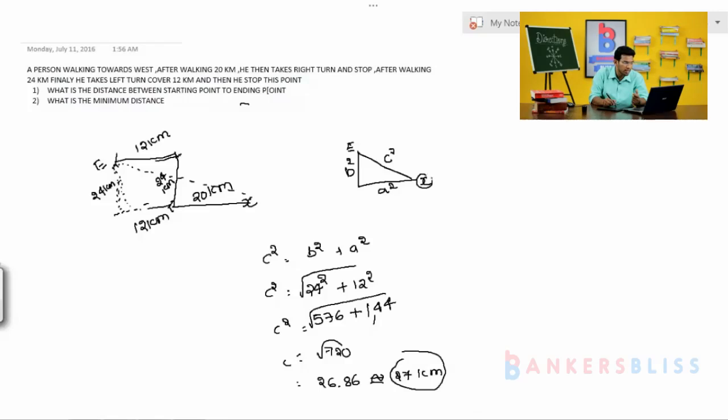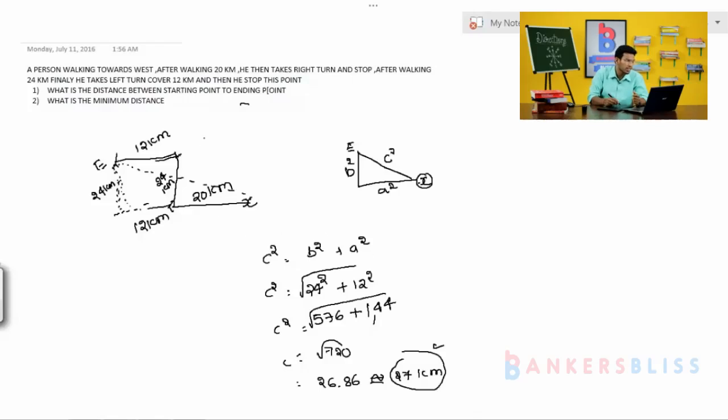They are asking the distance between the starting point and the ending point, so that is the reason we apply the right-angle diagram. When we have this type of arrangement, we apply the formula c square is equal to b square plus a square. Finally we get 26.86, which is the distance between the starting point and ending point, that is 27 kilometers.